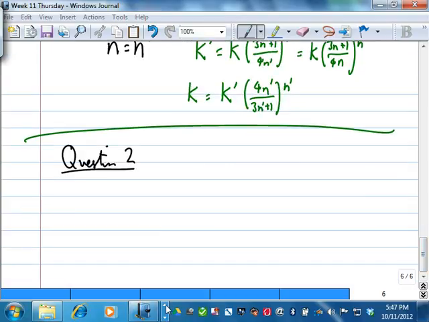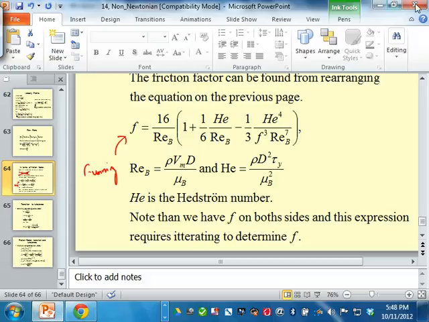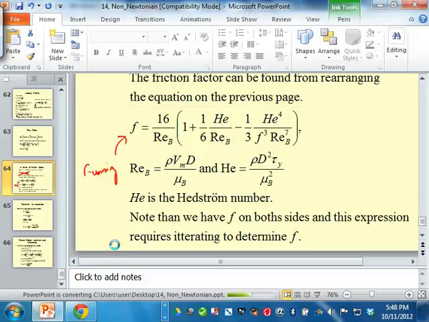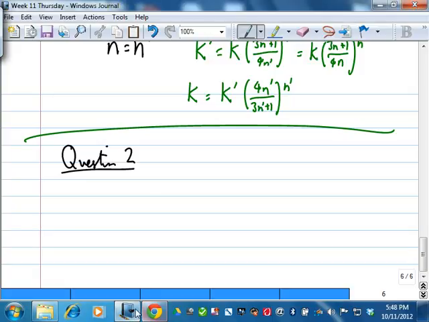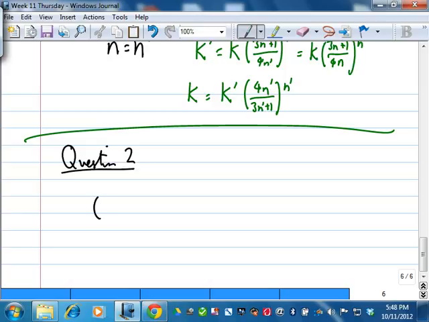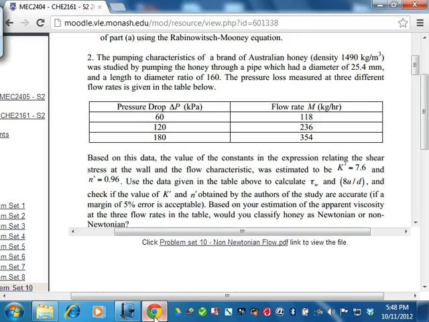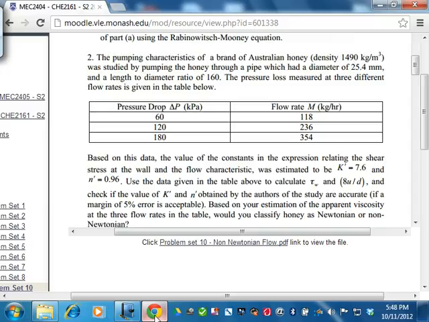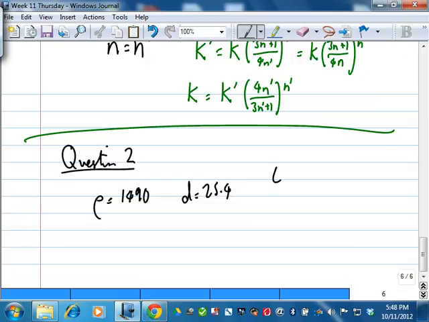Density 1490, diameter 25.4, L on D is 160.